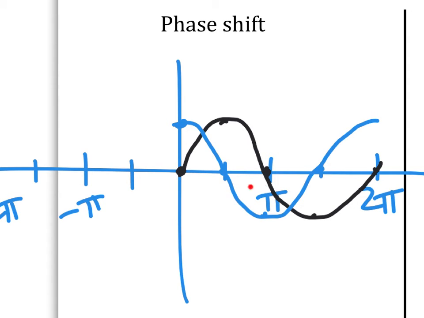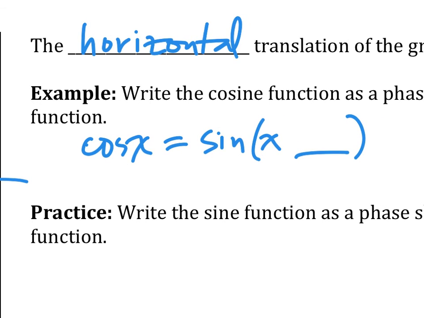That is pi over 2 to the what direction? To the left. So I need to push this to the left. So that means when I write in the equation, I need to put a minus pi over 2. I'm sorry, plus pi over 2. So I'm pushing the sine graph to the left pi over 2.